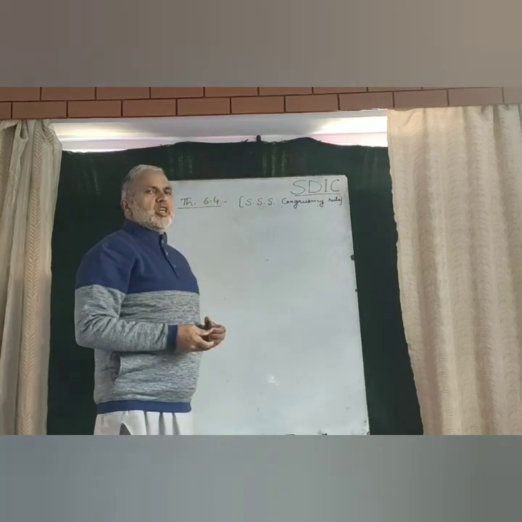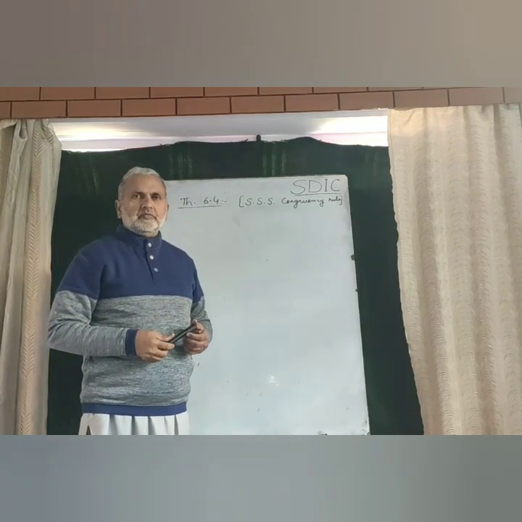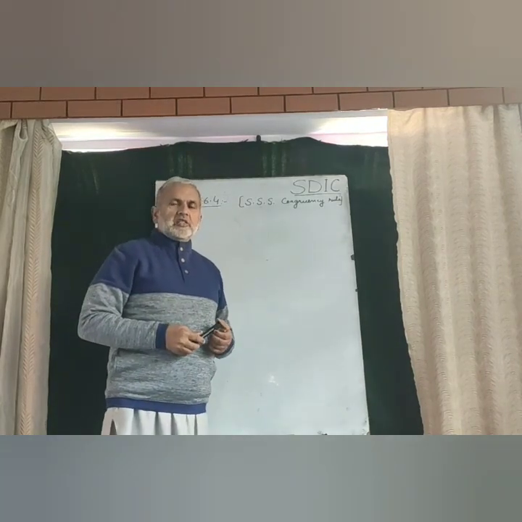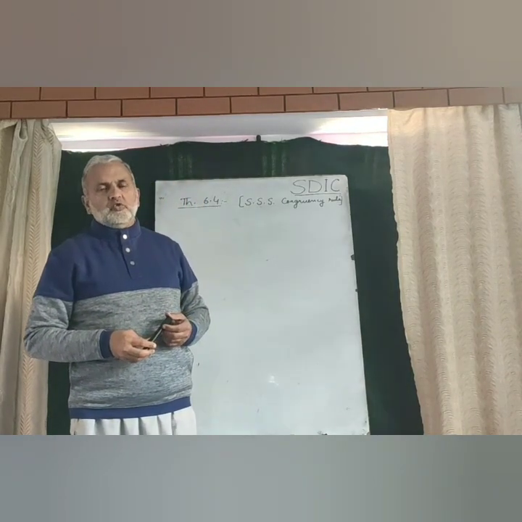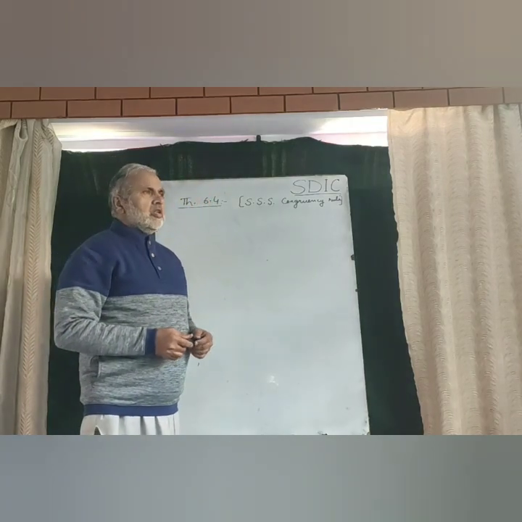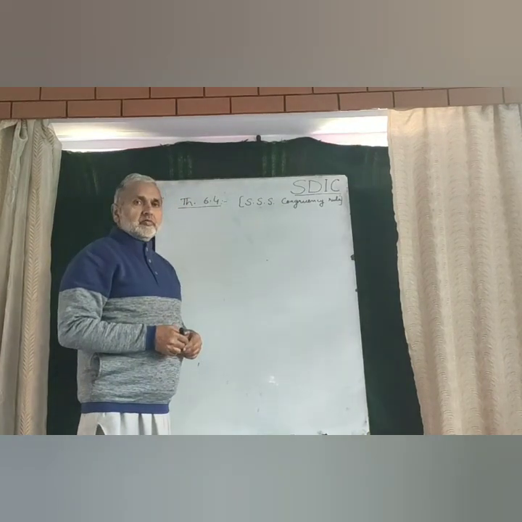Earlier we came across SAS Congruence Rule, which was an axiom, and ASA Congruence Rule, which was a theorem. We proved it that time. Now we have SSS Congruence Rule.